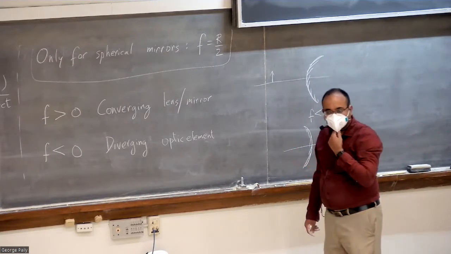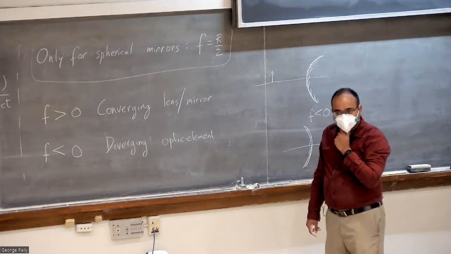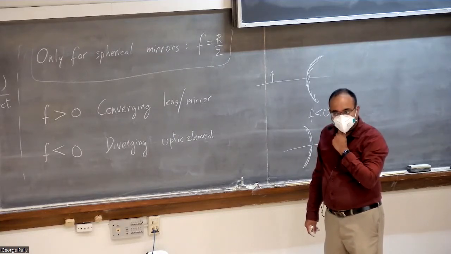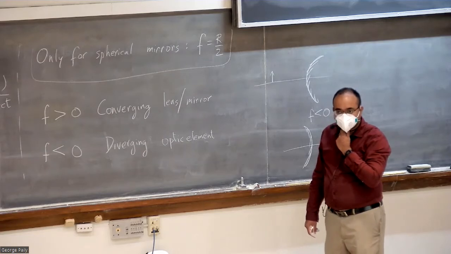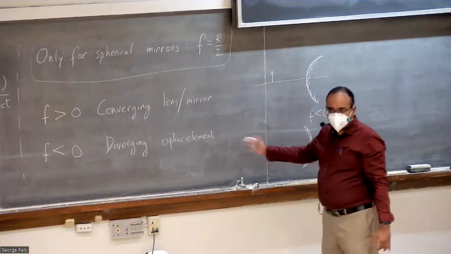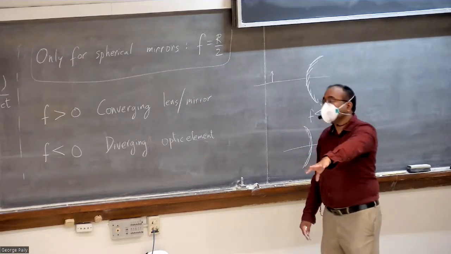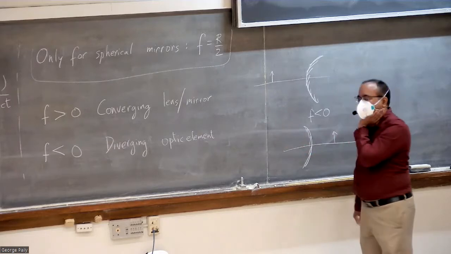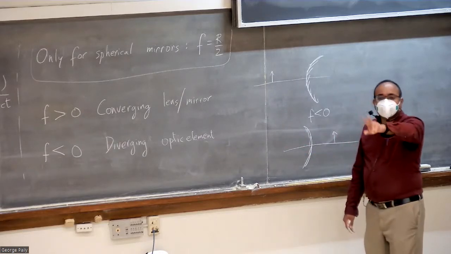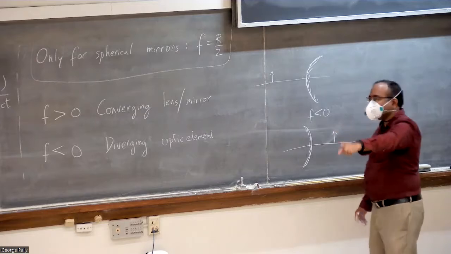Wait, sorry, so since F denotes length, we can't say anything about where it is based on its sign, but since mirrors only have one side, we know where it is, because it's always going to be on one certain side. For a mirror, yeah, it's always going to be on the reflective side. Whoa, the focal length, you mean? Oh, sorry. Okay. My mistake, Alex. I think I got mixed up with the lenses for a moment.